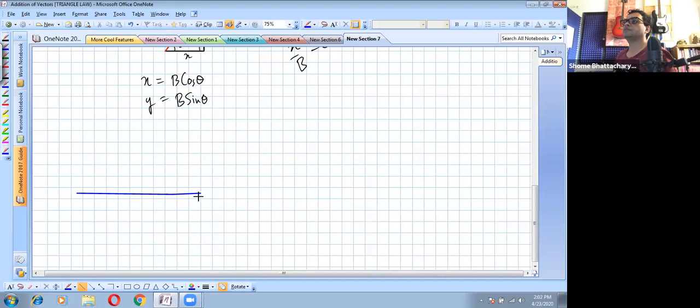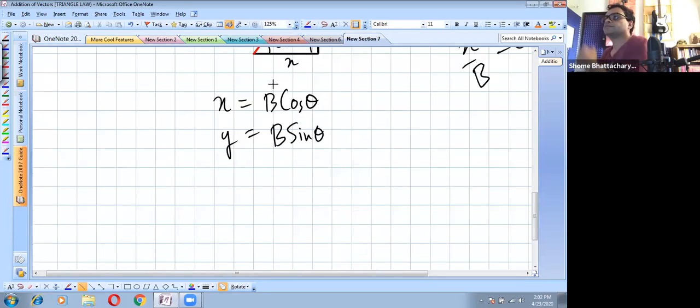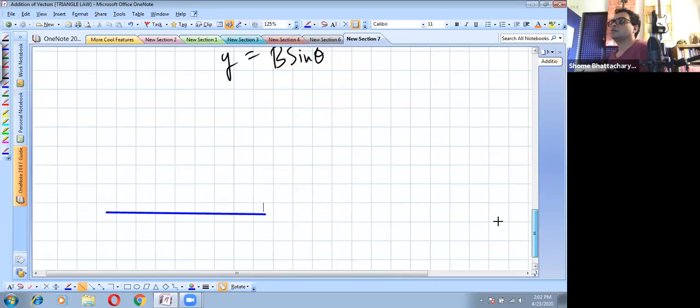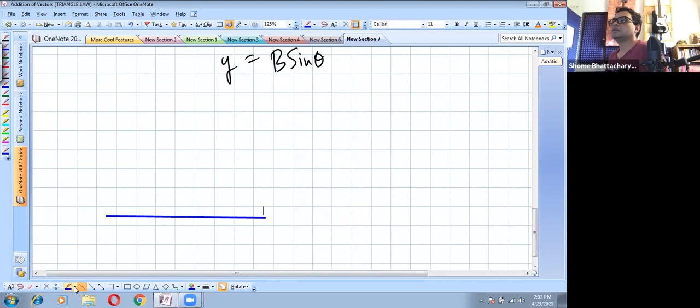Then we have, so this was A, and then we had this little bit over here, which was X. Then we had this perpendicular over here, which was Y.